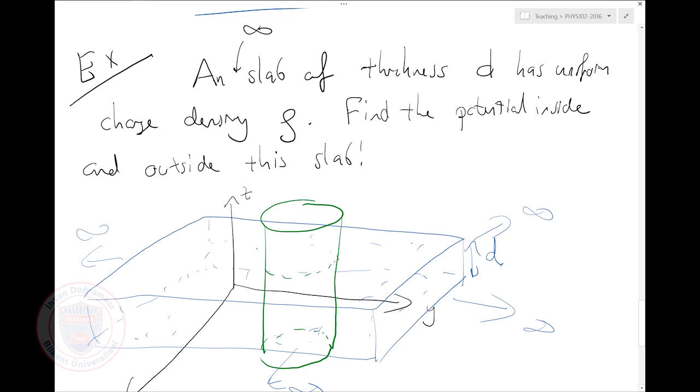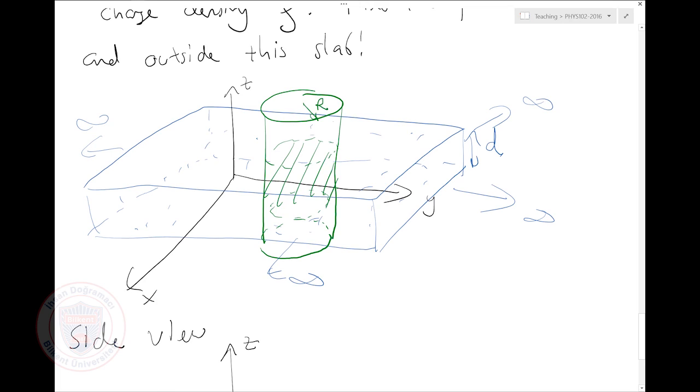which is symmetric. It cuts the slab, but it's symmetric with respect to up and down reflection. Let's say the radius of the cylinder is r, and if this is z, this is going to be 2z.